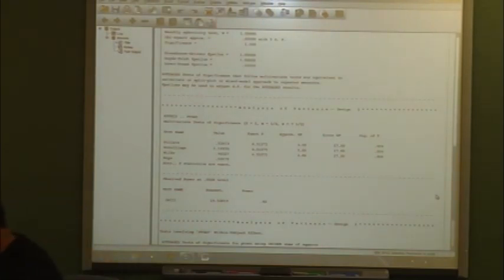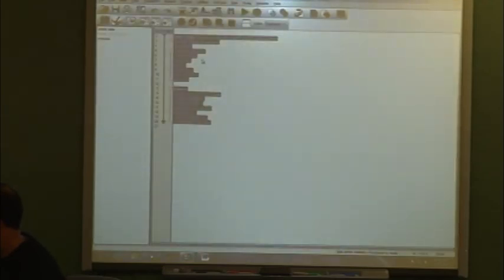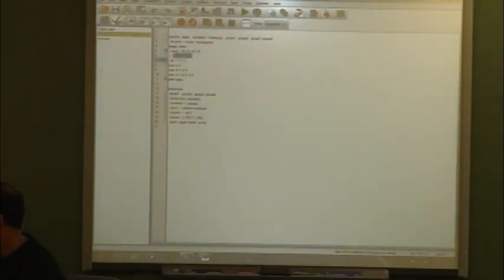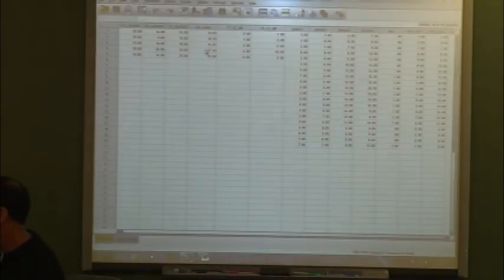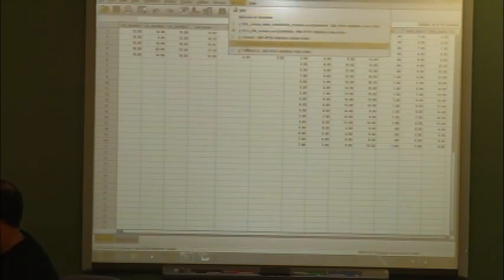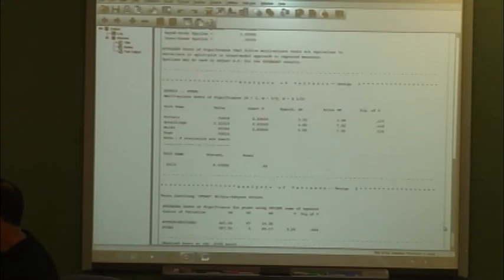Wow, power is 0.92. Well, let's try 10 people. Oops, power's 0.44.